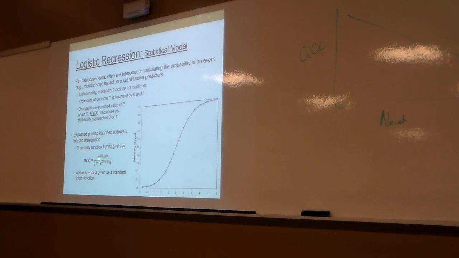It follows this function where we've got our linear model right here, basically our regression equation. We've got base E to our regression equation over the top of 1 plus base E to our regression equation, right? So we've got our standard linear function, the same linear model that we've been working with in all of our regression outputs. We've still got that.